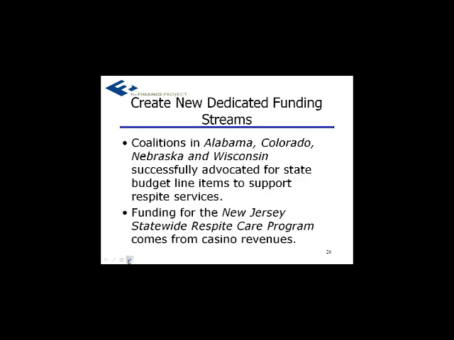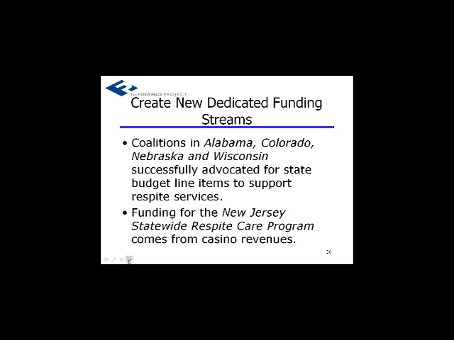And finally, and yes, these increase in complexity as we go along here, creating new dedicated funding streams. A number of states, Alabama, Colorado, Nebraska, and Wisconsin, have advocated for state budget line items to support respite. New Jersey, I know this because of work that I've done there with the Boys and Girls Club.